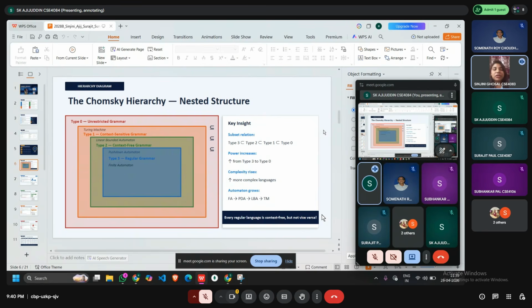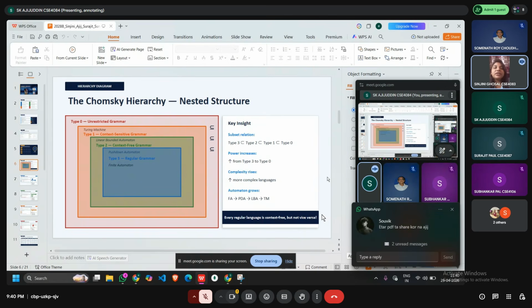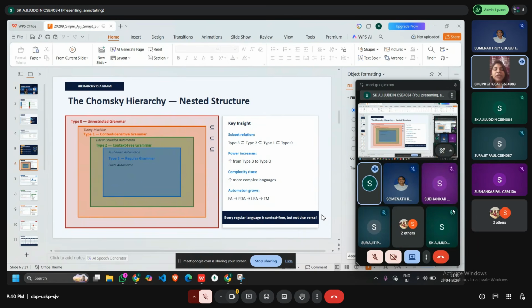Type 3 is a subset of type 2, which is a subset of type 1, and type 1 is a subset of type 0. Here, subset means contained in. So type 3 is contained in type 2, contained in type 1, and contained in type 0. Every regular language is context free, but not all context free languages are regular. As we go upward, power increases and complexity also increases.